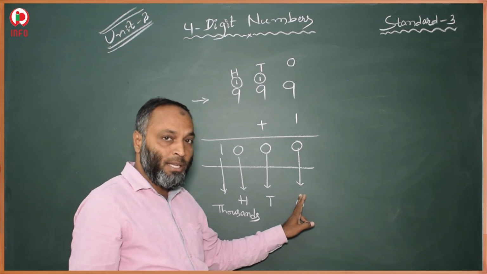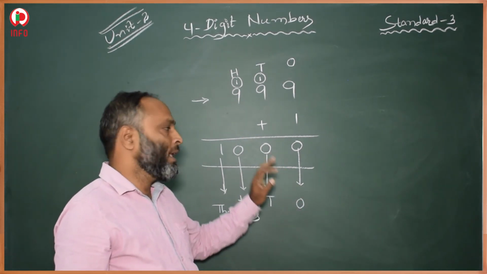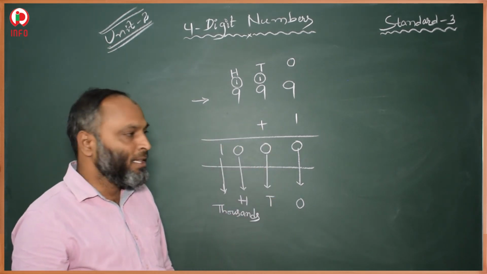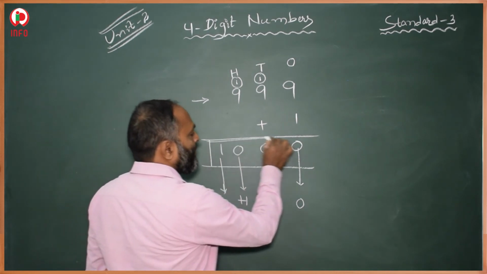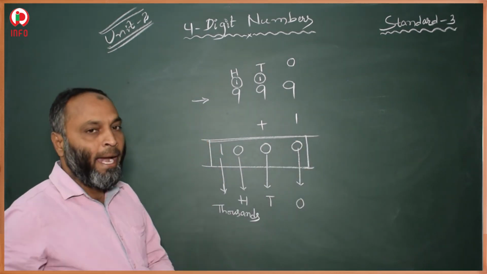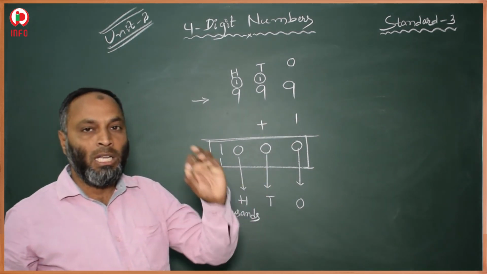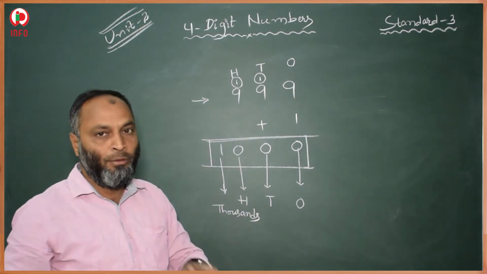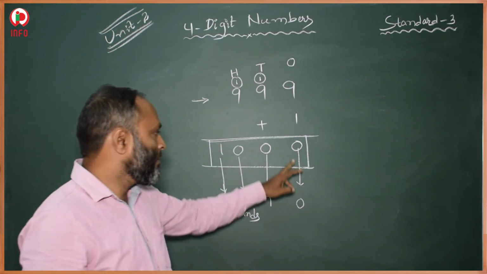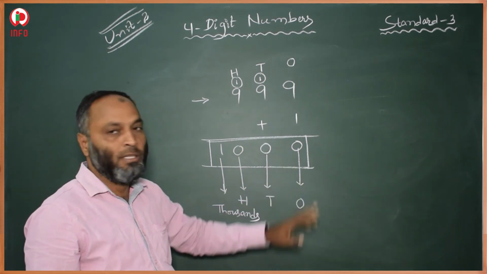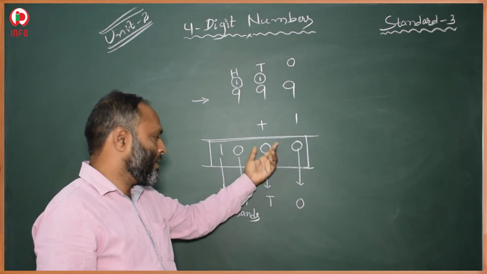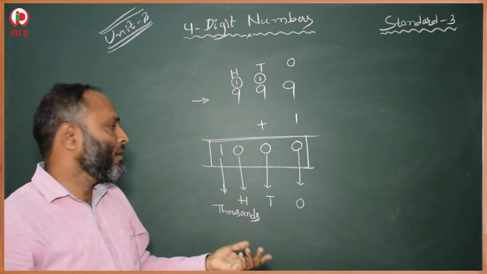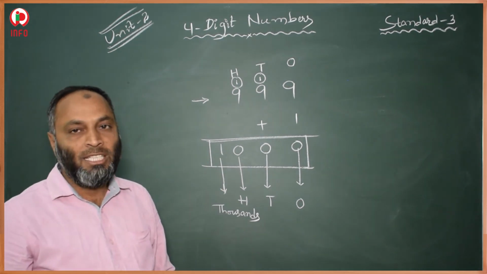First place is ones, second is tens, third is hundreds, and the fourth place is thousands. So this is a 4-digit number. When we add 1 to the largest 3-digit numeral, it converts into a 4-digit number, like this: 1 0 0 0.